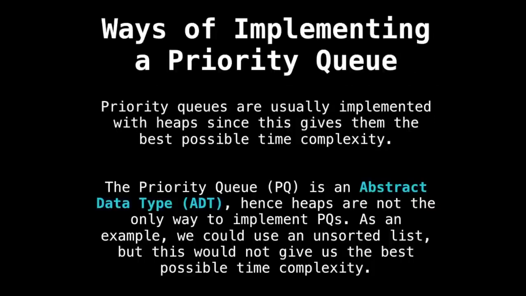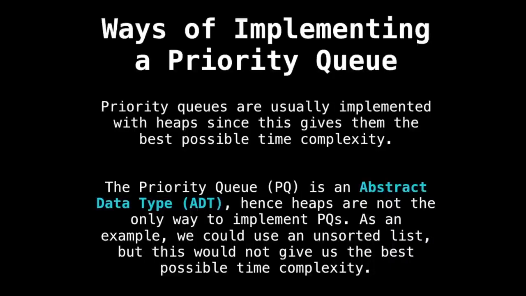Okay, so a very popular way to implement a priority queue is to use some kind of heap. This is because heaps are the data structure which give us the best possible time complexity for the operations we need to perform with a priority queue. However, I want to make this clear. A priority queue is not a heap.